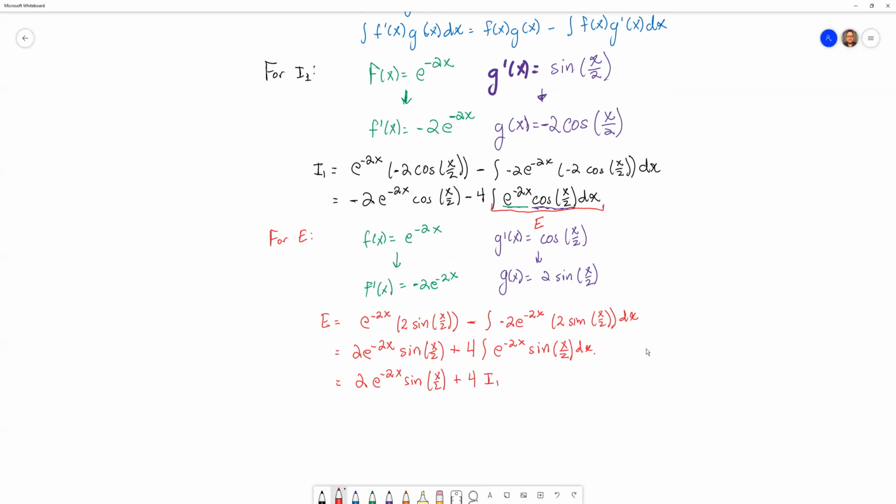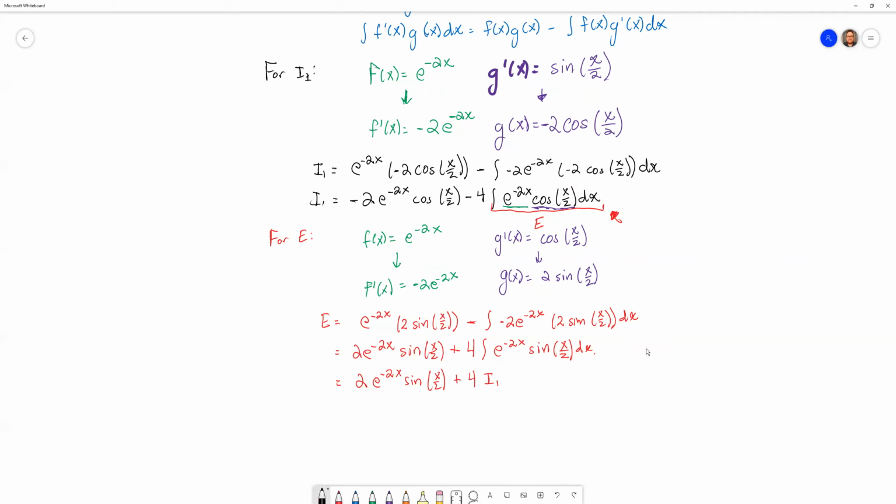Okay, and if we sub this E back into our I1 equation up here, then we have an I1 on this side, and we'll have an I1 over here.